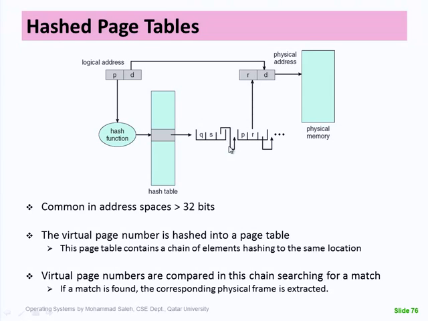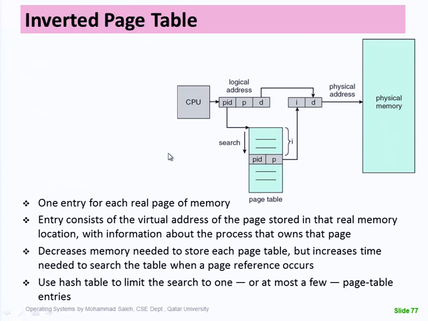However, if you compare the length of this collision list to the length of the full list, it's nothing. It's too small in comparison. So we're still gaining a lot. And the last one is called the inverted page table, which is what we talked about: one page table for all processes. To look up a frame, you will need the PID of the process as well as the page number. Both of them will be the key, and your value, of course, is the frame.